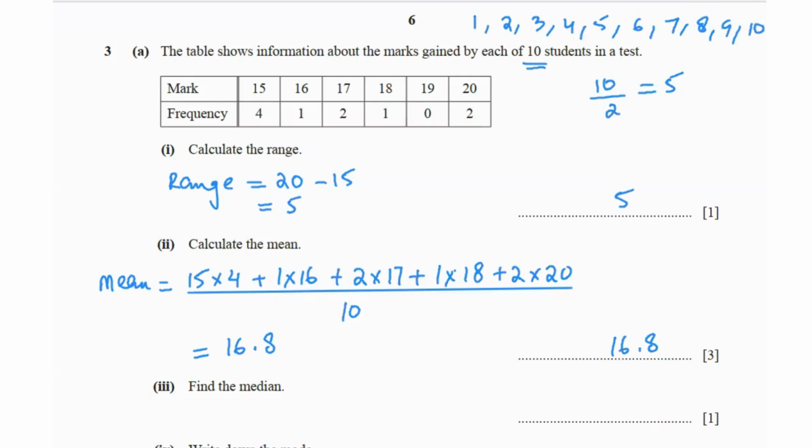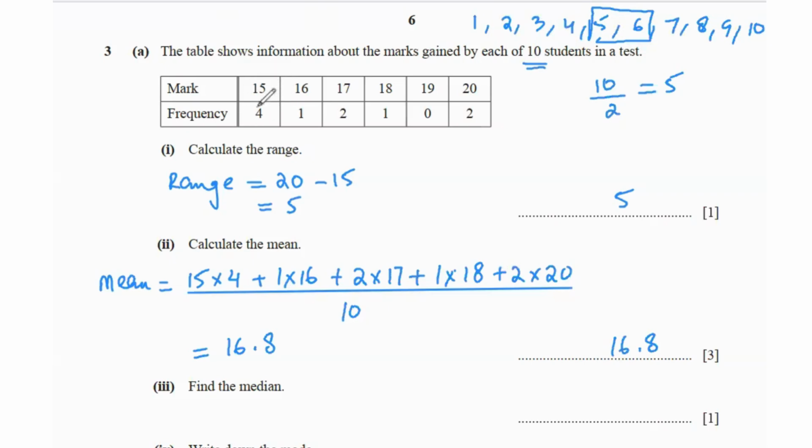So for an even number of values, we look at the 2 values in the middle. So the 2 values in the middle are going to be the 5th and the 6th value. So we need to find the value which is right in the middle of the 5th and the 6th value. So that's basically the 5.5 value.